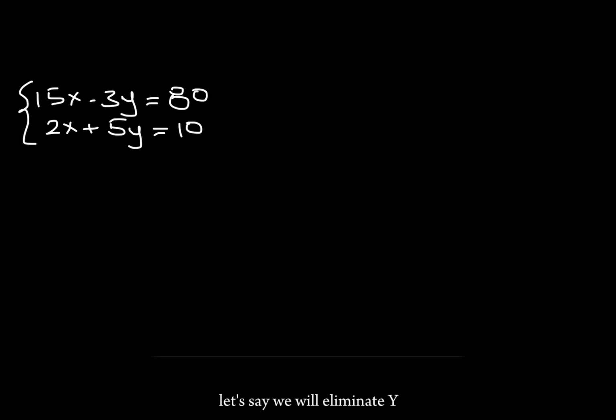Let's say we will eliminate y. Here we have negative 3y and 5y. We need to make them the same number but opposite signs so that we can eliminate them. Now the least common multiple between negative 3 and 5 is 15, which is obviously 3 multiplied by 5.